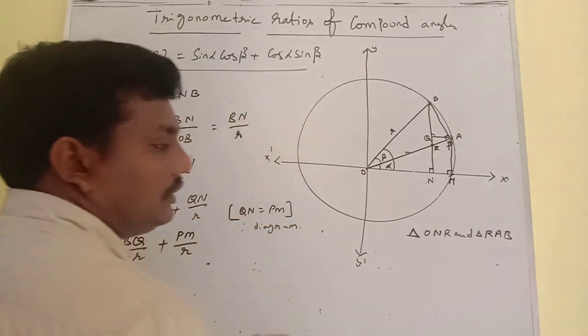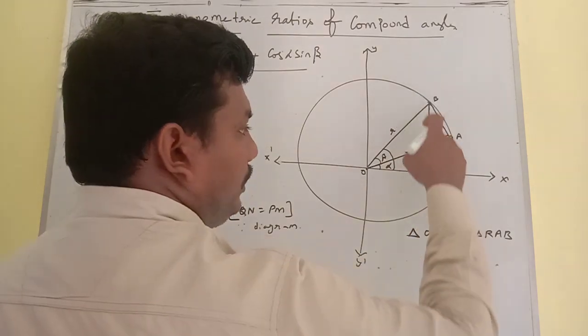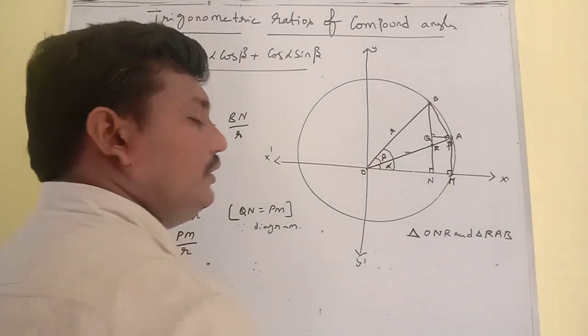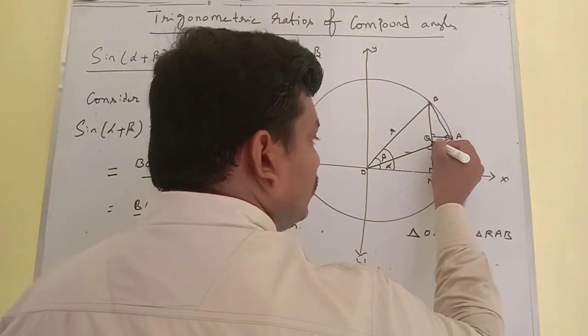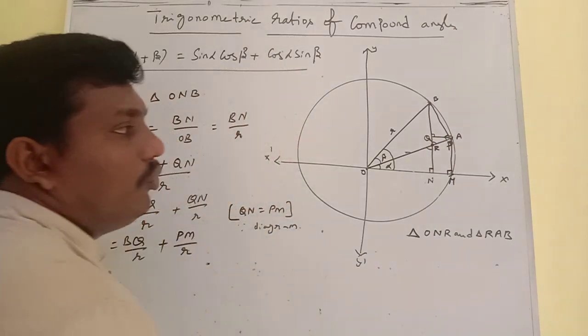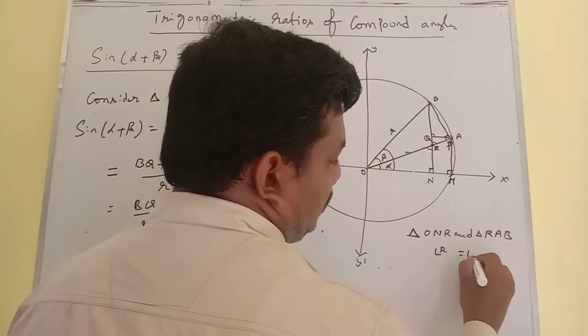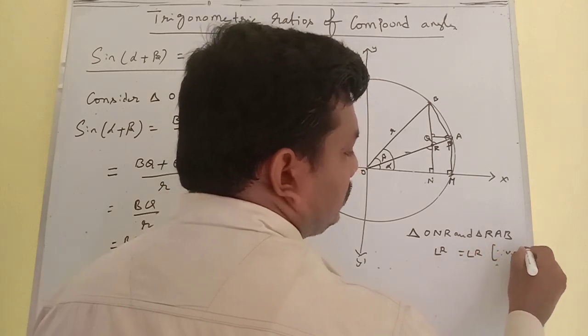These two triangles we have to consider. These two angles are vertically opposite angles. So this angle R is equal to this other angle R, since they are vertically opposite angles.